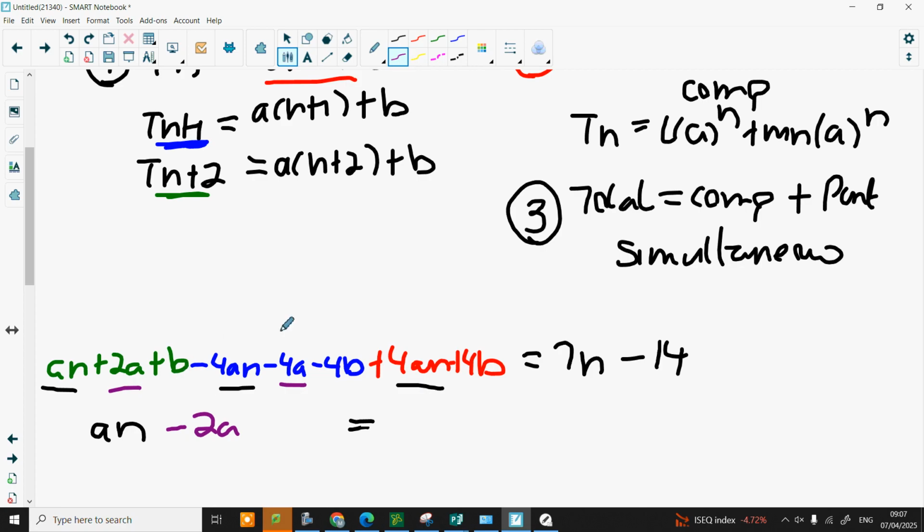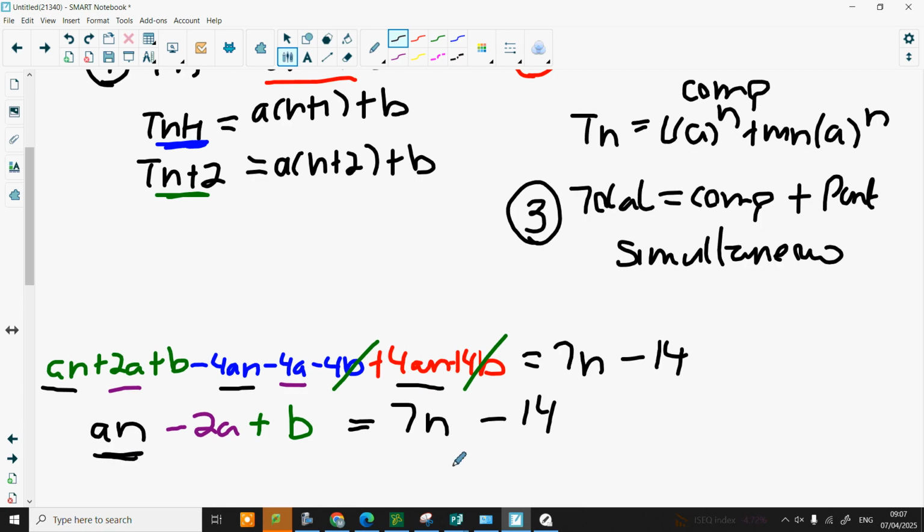And then b minus 4b plus 4b. Is everybody happy with plus b there? Who's happy with b? Okay, that's all right. Now, and then we have 7n minus 14, don't we?